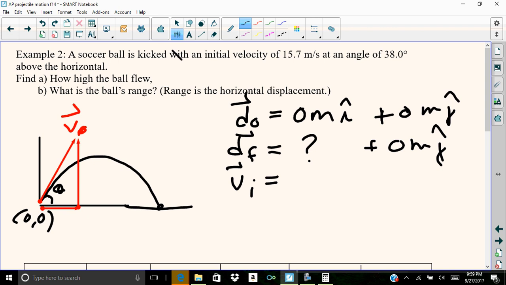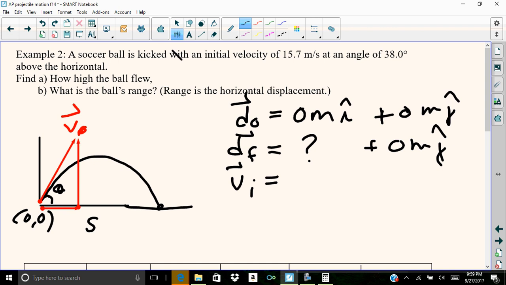For a right triangle, opposite over hypotenuse is sine. Let me do that again. Opposite over the hypotenuse is equal to sine theta. So let's write that out.